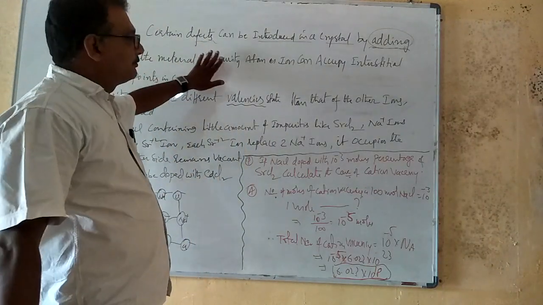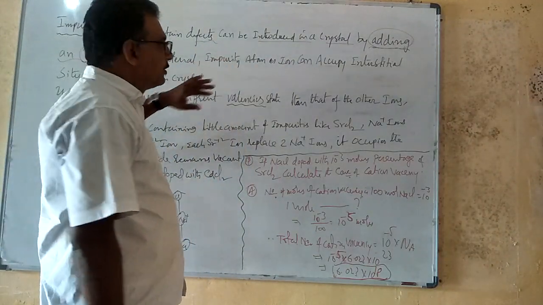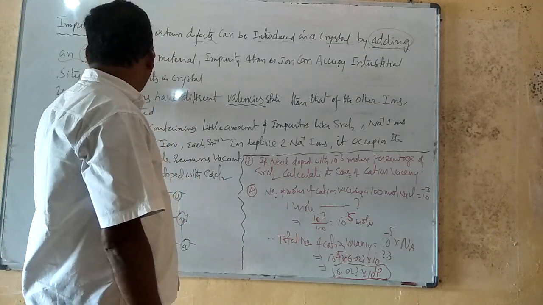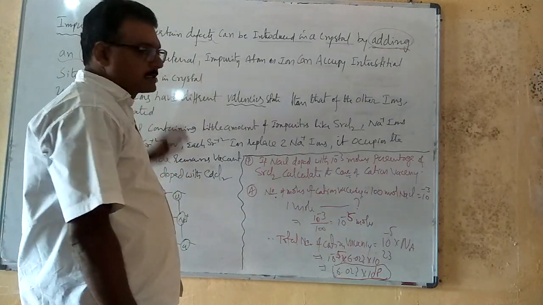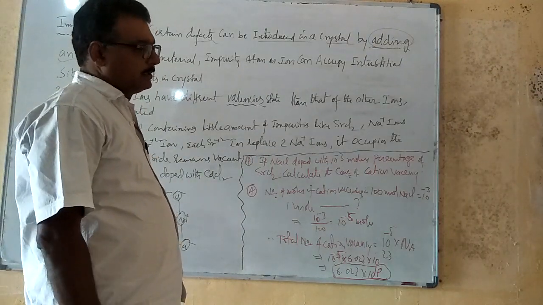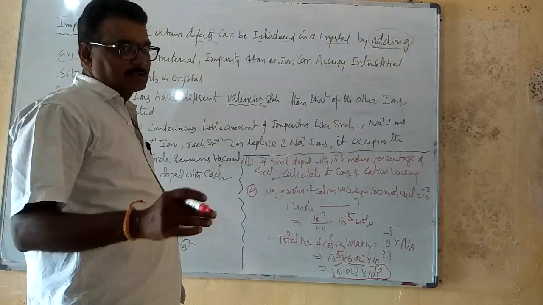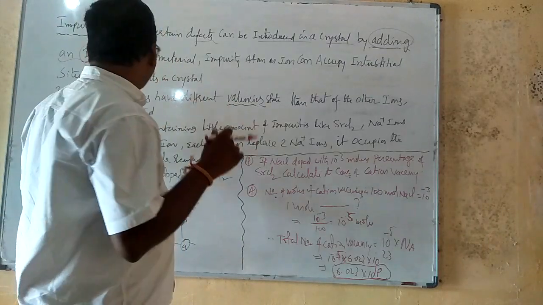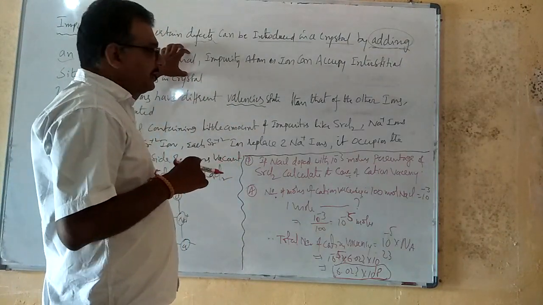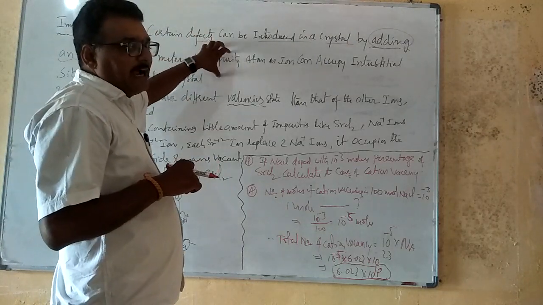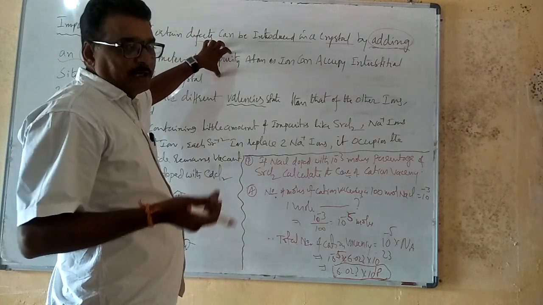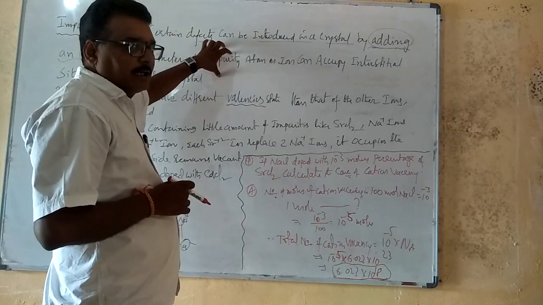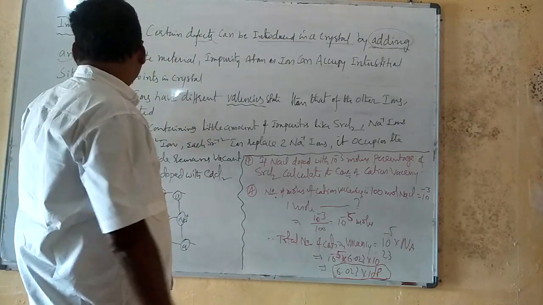The impurity atom or ion can occupy the interstitial site or lattice points in a crystal. Overall, we are adding impurities to the material, and that impurity atom or ion can occupy the interstitial site.